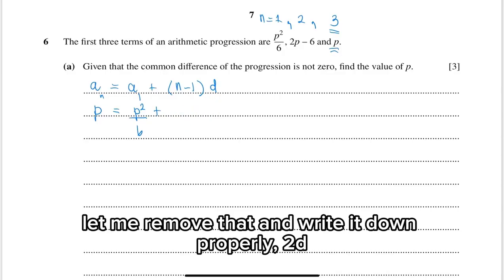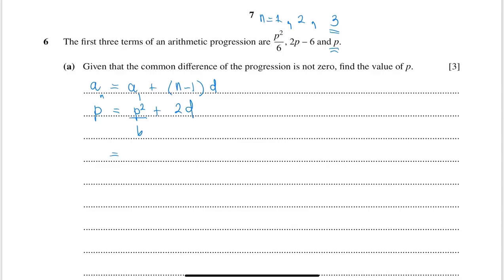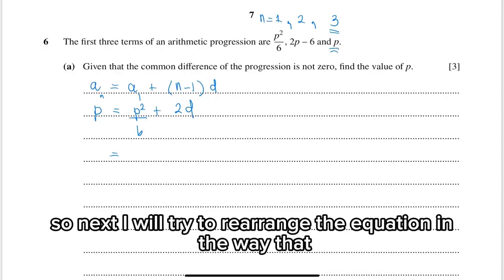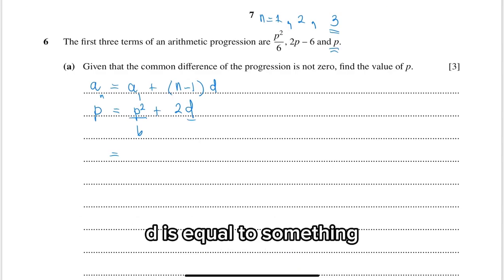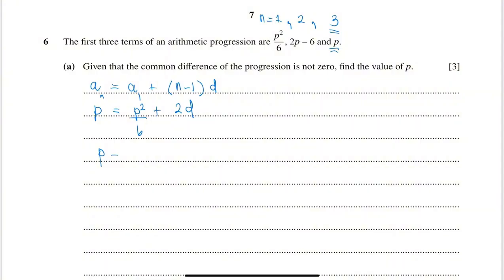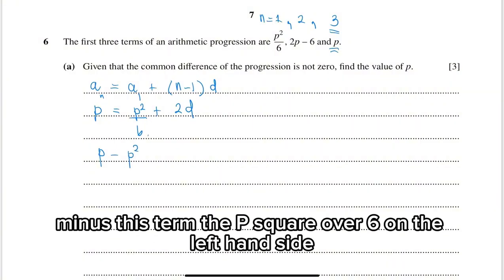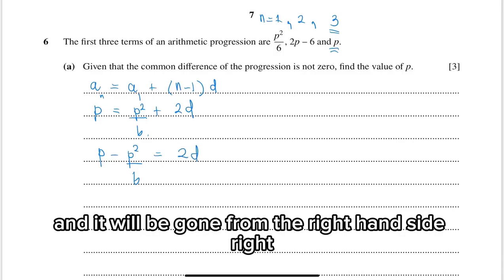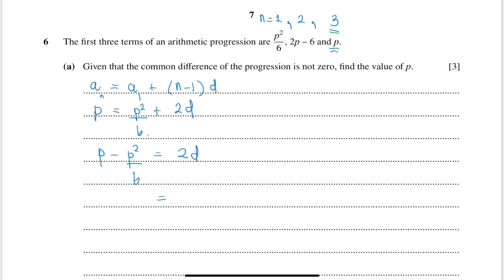Let me remove that and write it down properly. 2d. So next, I will try to rearrange the equation in the way that d is equal to something. So what I can do is minus this term, the p squared over 6, on the left hand side, and it will be gone from the right hand side, right?